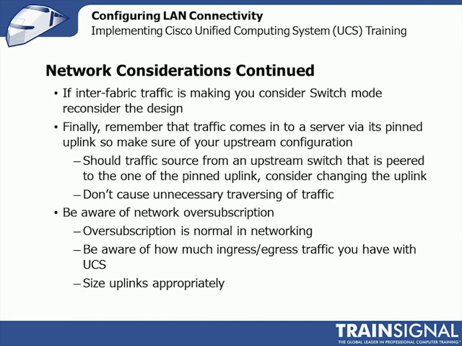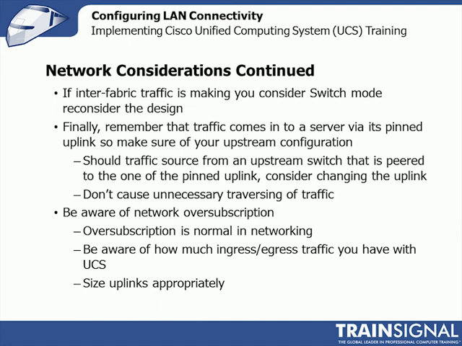And finally, remember that traffic comes into a server via its pinned uplink, so make sure of your upstream configuration. Should traffic source from an upstream switch that is peered to the one of the pinned uplink, consider changing the uplink. What this means is that you may have 2 core switches sitting above the interconnects.